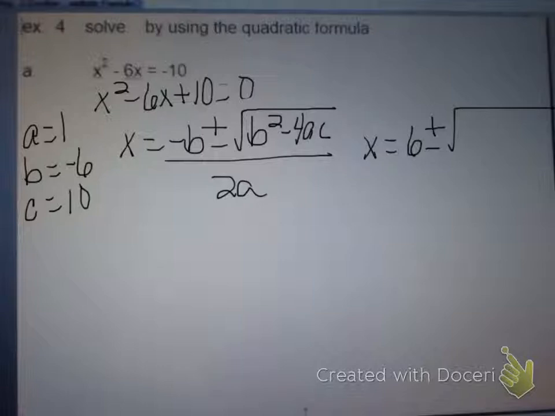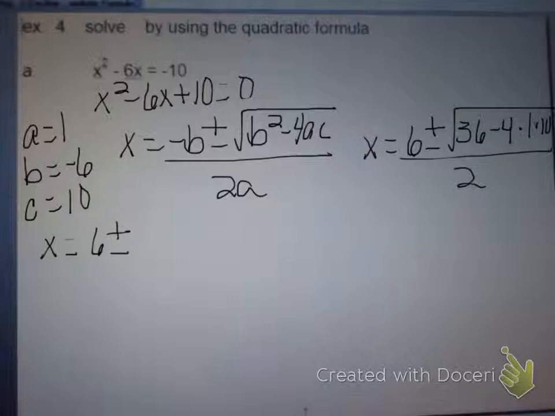Negative 6 squared is a positive 36, minus 4 times A is 1, and C is 10, all over 2 times 1 is 2. So that's x equals 6 plus or minus 36.